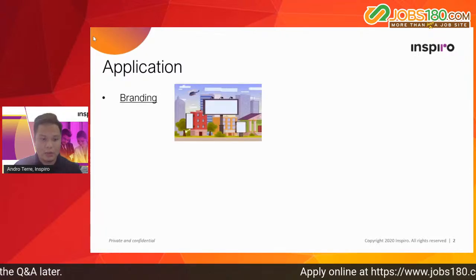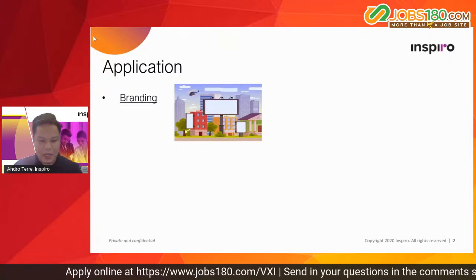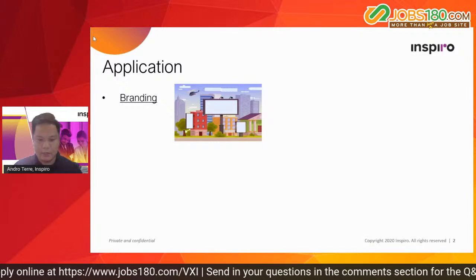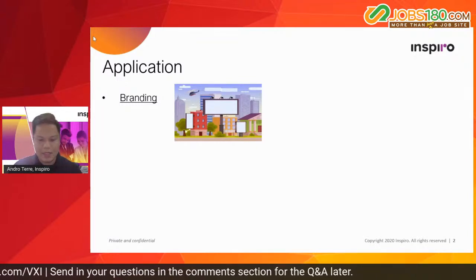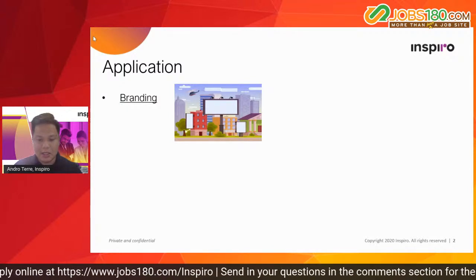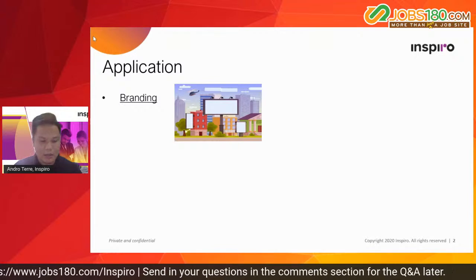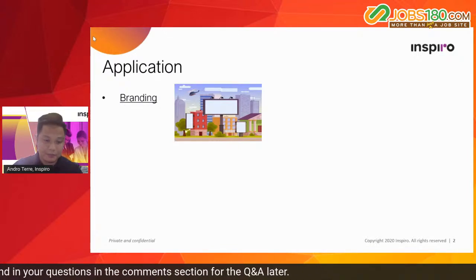So let's go first with branding. Normally we see ads from companies on billboards and public transportation, such as jeepneys, buses, and the LRT. But it's different now, as companies tend to rely on online and virtual branding.